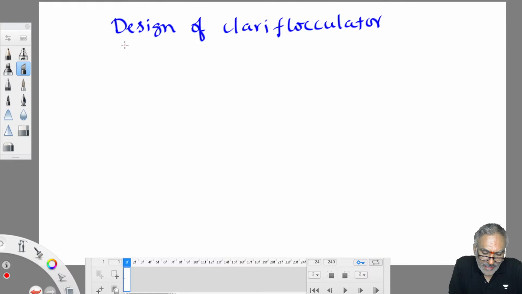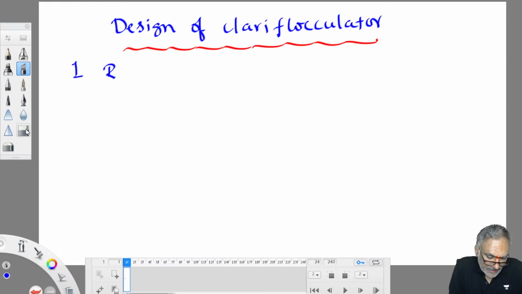As we discussed earlier, the Clariflocculator consists of 3 units. One is the rapid mixing unit, the second one is the flocculator, and the third one is the sedimentation tank.